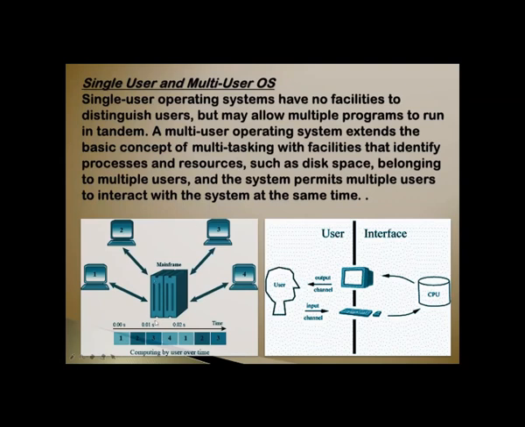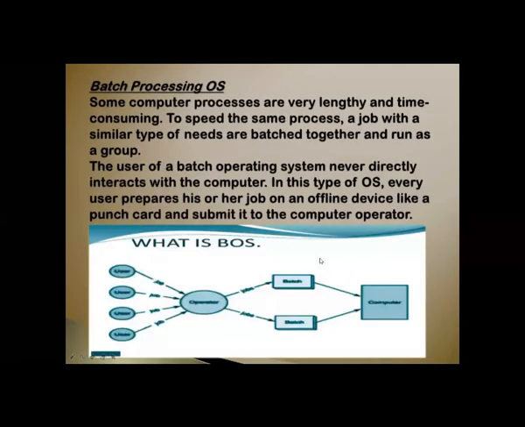Disk space belongs to multiple users because they work through one server, and the system permits multiple users to interact with it at the same time, like terminal number 3 interacting with terminal number 1, while terminal number 2 connects with terminal number 4. But in a single user environment we cannot do this. Now, batch processing.